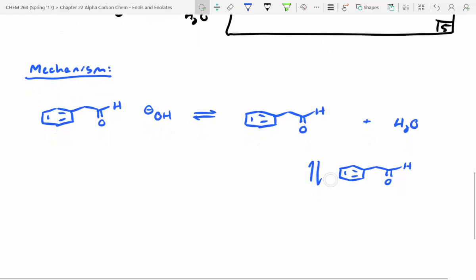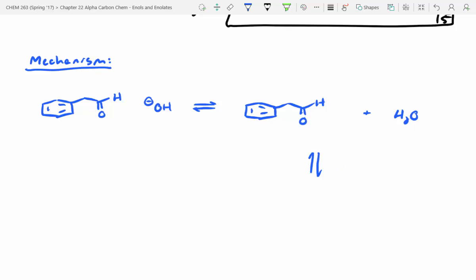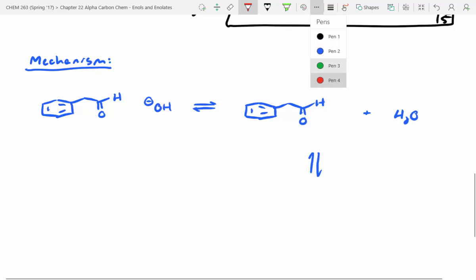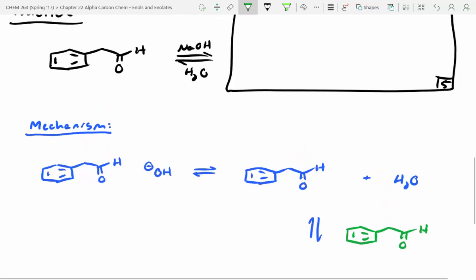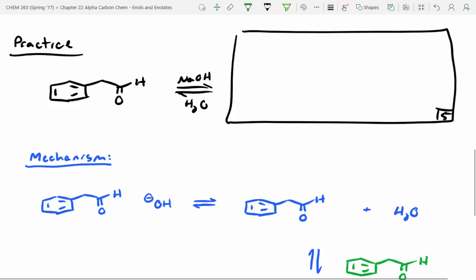Actually, I'm going to see if I can change the color of this guy. All right, show of thumbs if you think you got it. Couple.